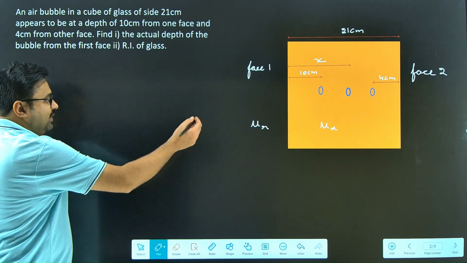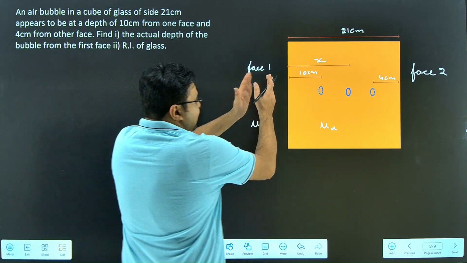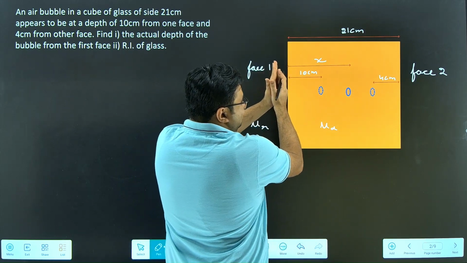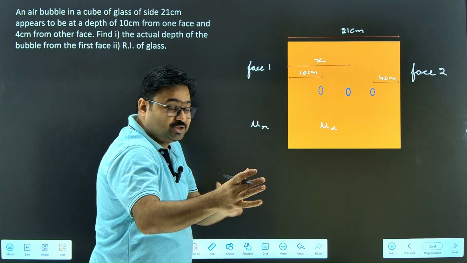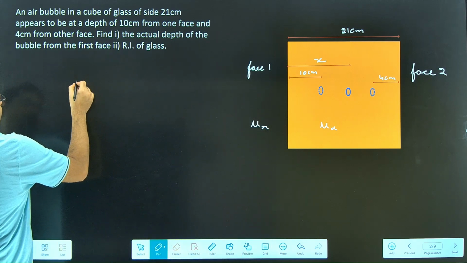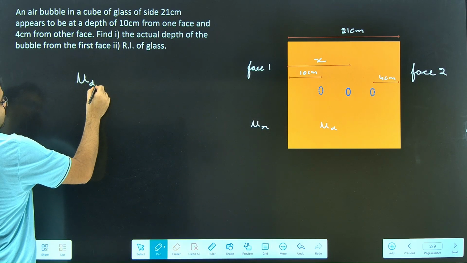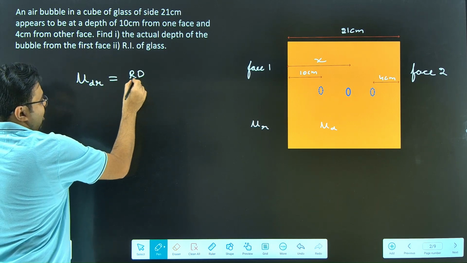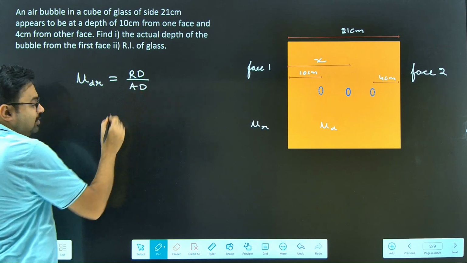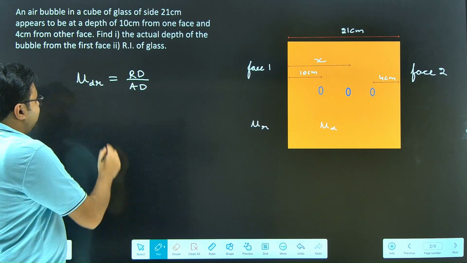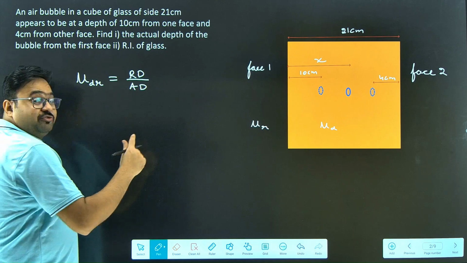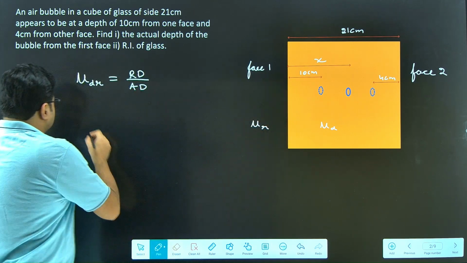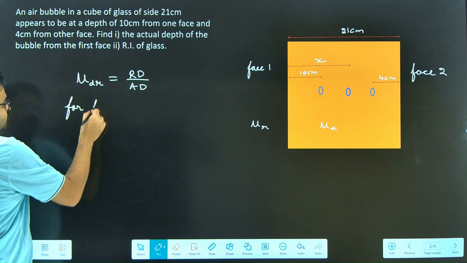We will now write an expression relating real depth, the place where the bubble really is, to apparent depth, the distance to the place where it appears to be. So the refractive index of the denser medium with respect to the rarer medium is equal to the ratio of real depth to apparent depth. That's the formula. When we know the formula, you can simply write it down for two cases. In this particular case, I shall write for face 1.